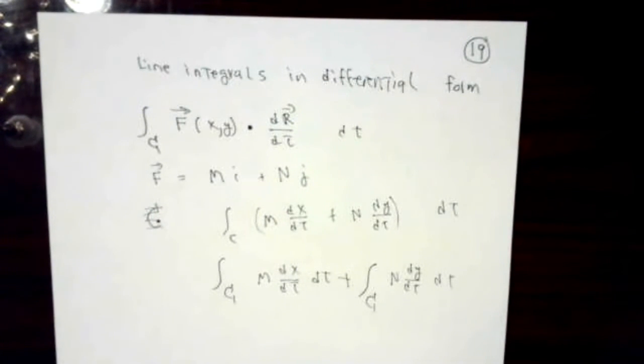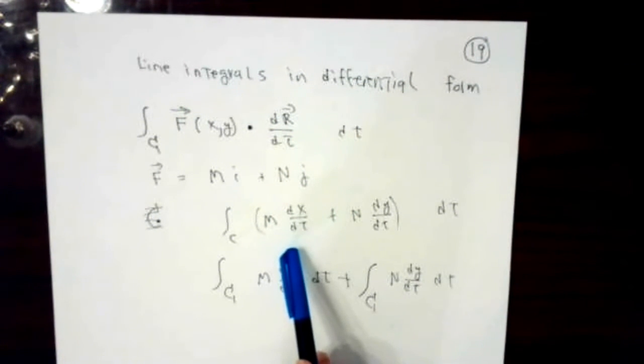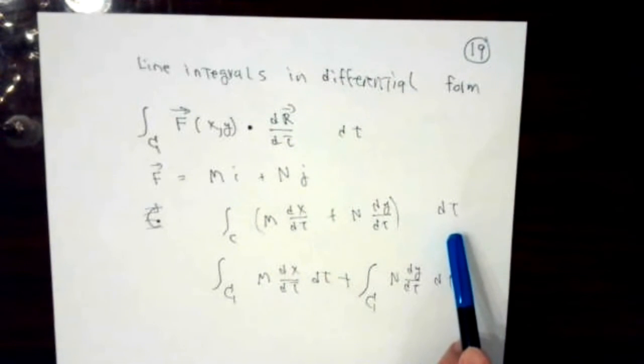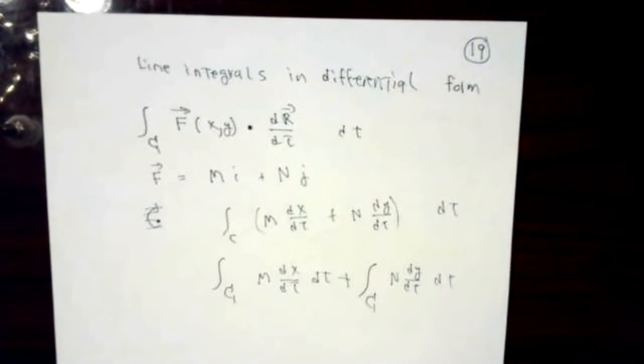The components of the velocity vector are dx/dt and dy/dt. If I do the dot product of the force with the velocity vector, I could write that as m times dx/dt plus n times dy/dt, and then I would have to integrate that with respect to t.